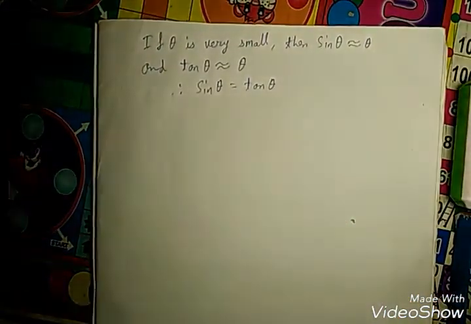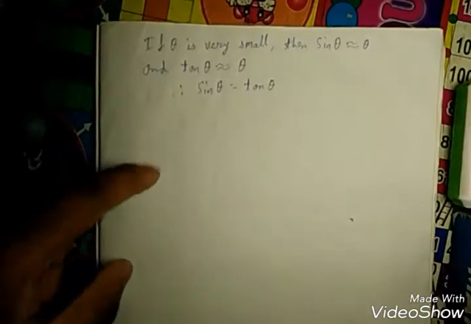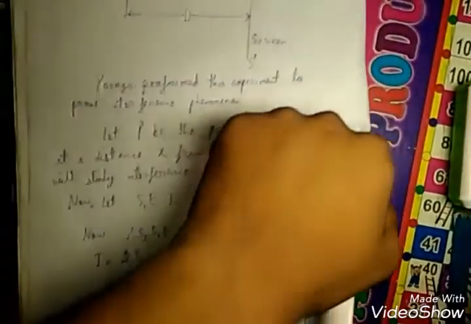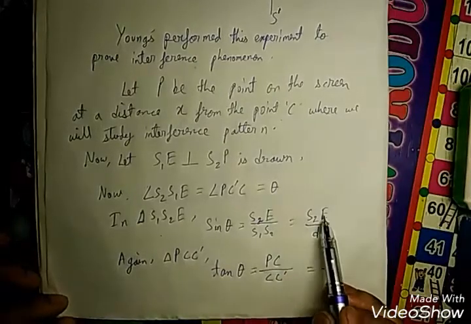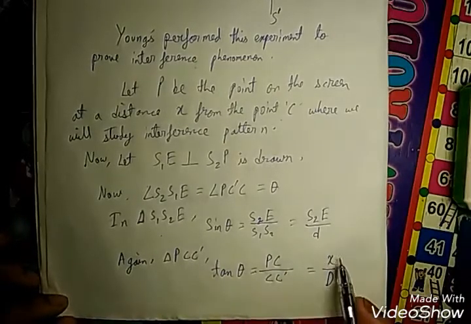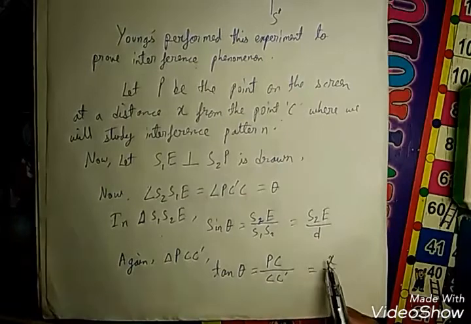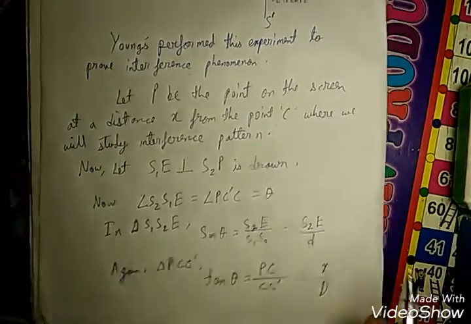So we can write sin theta, that is S2E by small d, and tan theta, that is x by capital D. Both the equations are equal.